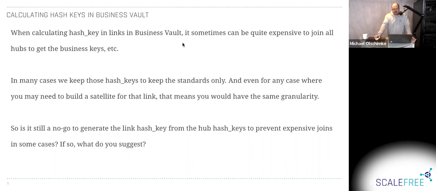And if you have to, let's say, there's a grain shift involved. Here's some extra comment: if the business vault requires a grain change compared to the raw data vault, you do need to recalculate the hash keys. That's correct. If you do a grain shift, there's two types of entities coming into play.